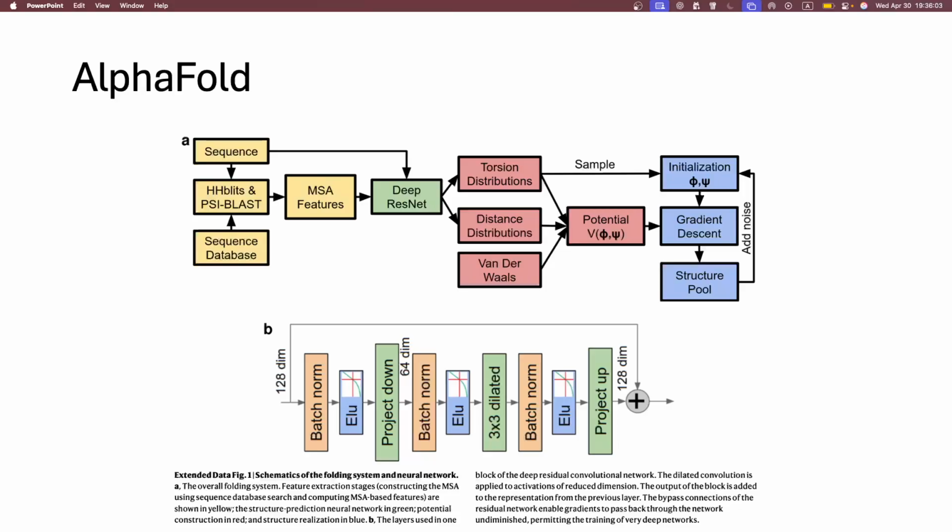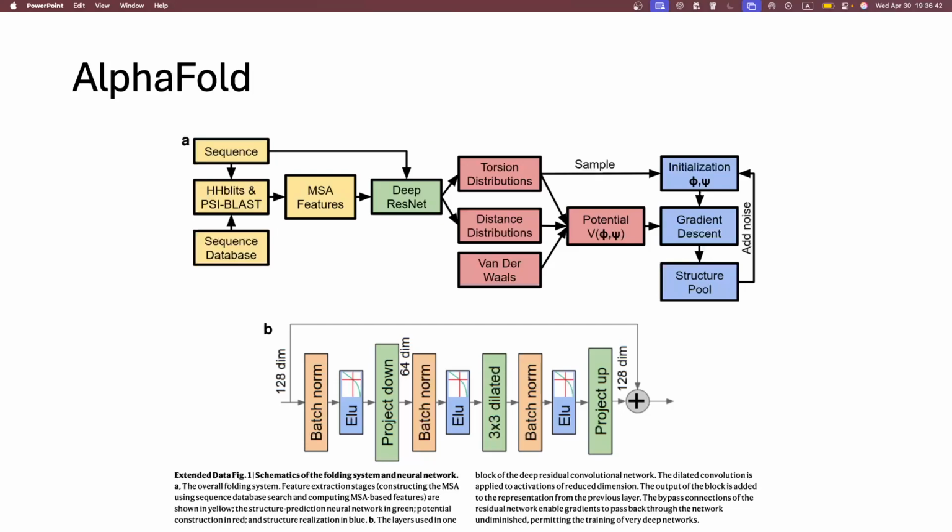And then it's going to go through another network that, based on the embedded distances for each amino acid, predicts the actual structures, and finally several tricks of gradient descent and random restart produce the final output of the model.